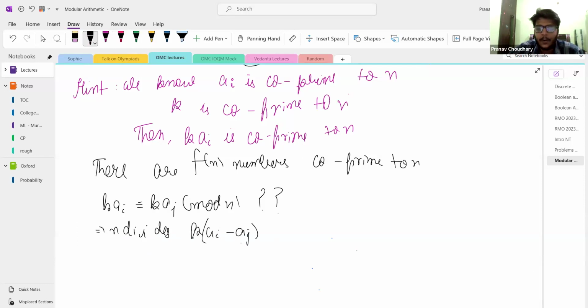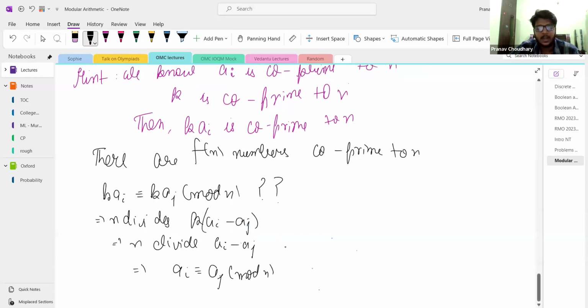And since n and k are co-prime, they don't have any common factors. So it just means that n should divide ai minus aj, right? Which means ai is congruent to aj mod n. But that is not possible.